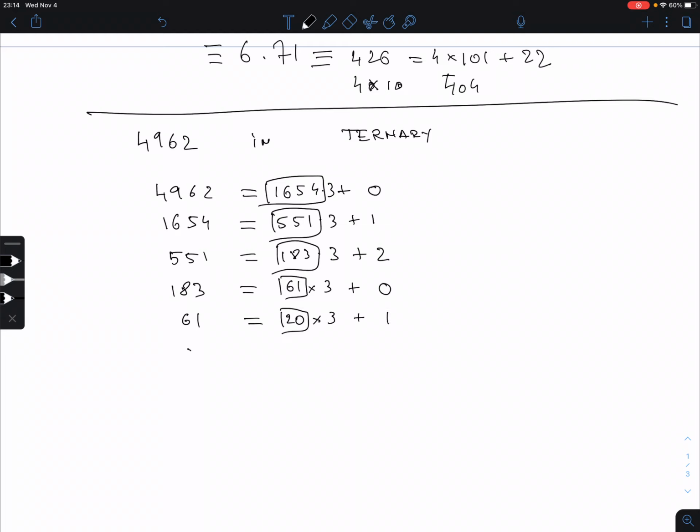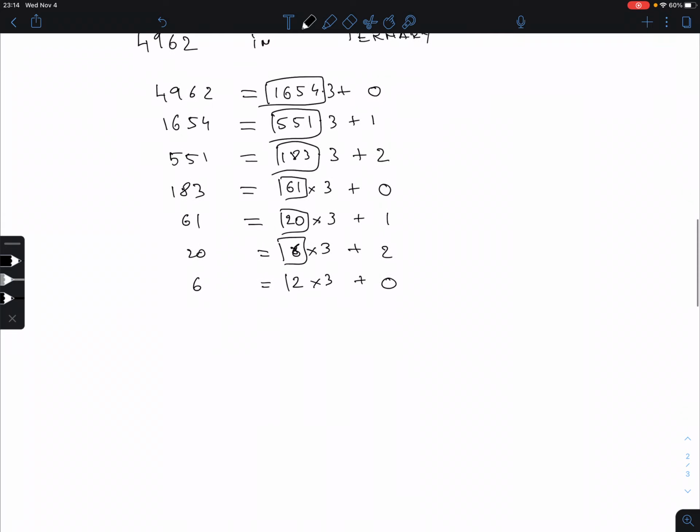We take 20. 20 is 6 times 3, which is 18, plus 2. We take 6. That is 2 times 3 plus 0. Don't forget to write the remainder, even if that's 0, because these are going to be our digits. You take 2, and divided by 3, that is 0 times 3 plus 2.